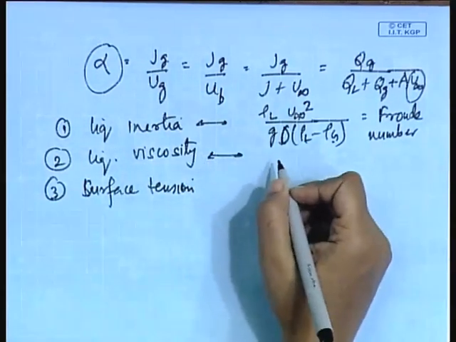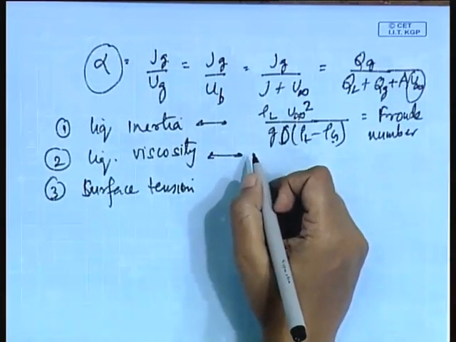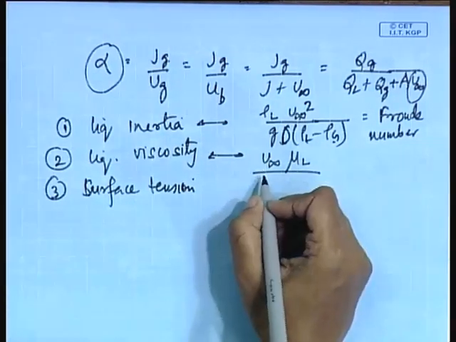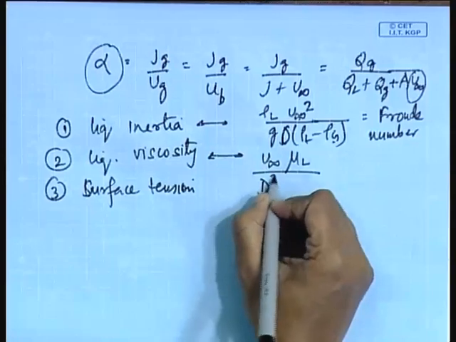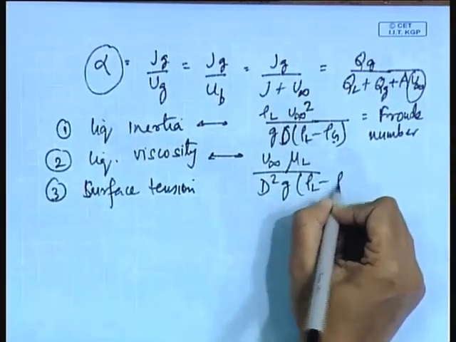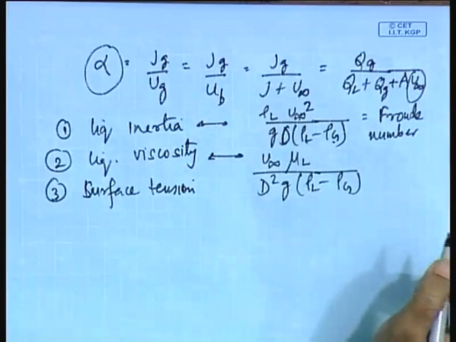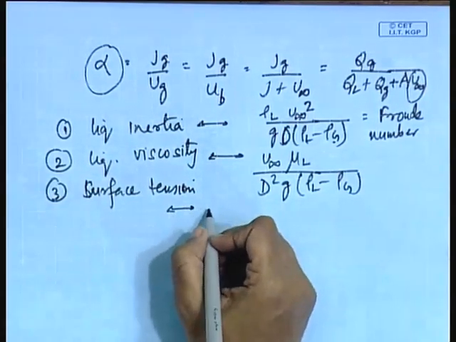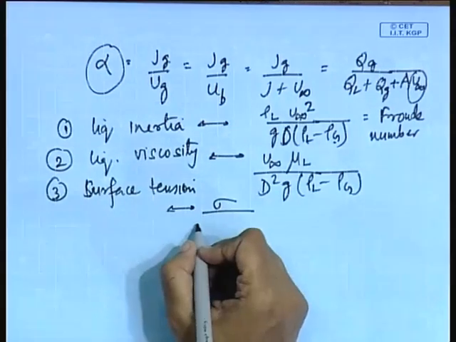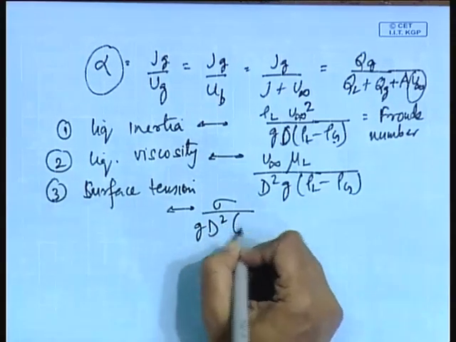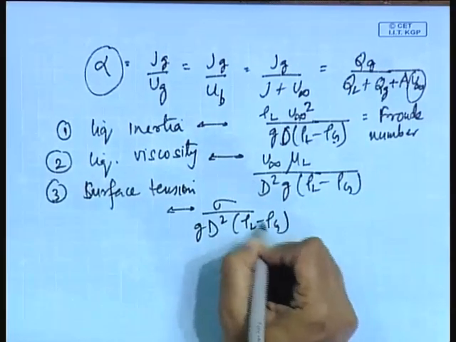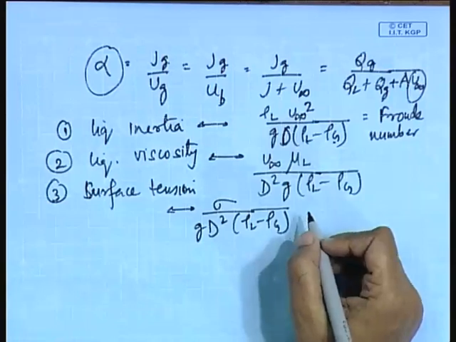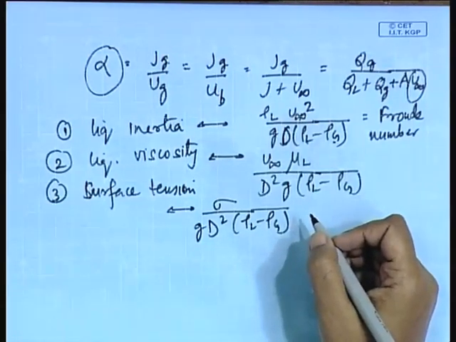Suppose we balance buoyancy and liquid viscosity, this gives you a number which can be represented in this particular form, d square g into rho L minus rho g. And if we consider the surface tension and buoyancy balance, this gives us something of this sort. I do not know whether you have come across these numbers or not. This is more or less known as the Eotvos number.